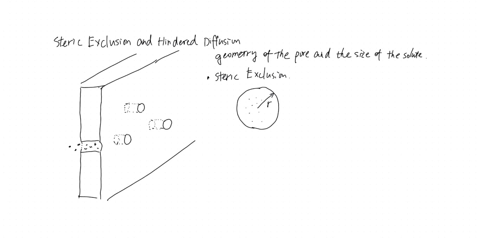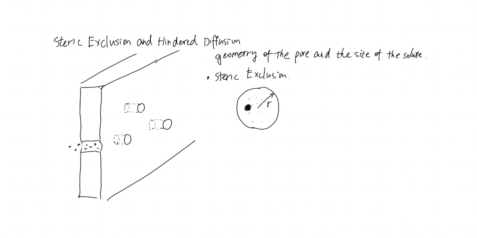It arises from the finite size of the solute relative to the pore. So suppose this is the size of your solute. Because of the size, it cannot approach the pore wall more closely than its own radius.